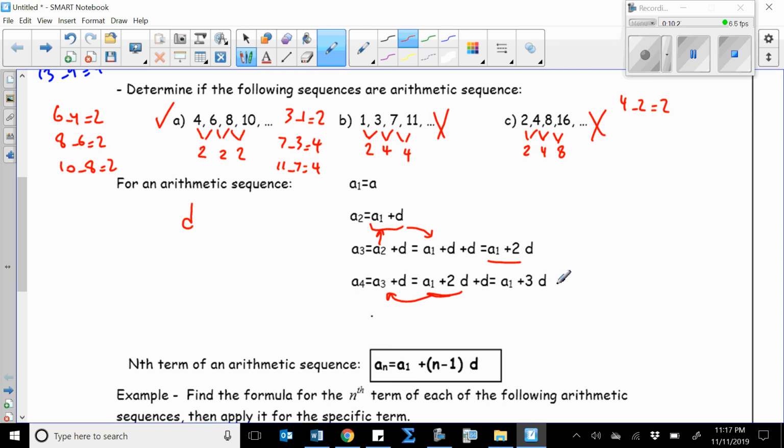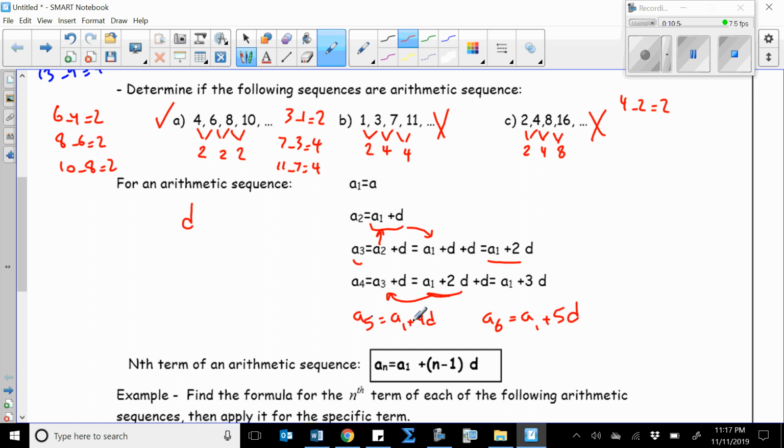It will be 3D. So you notice that for A3, I have A1 plus 2D. For A4, I have A1 plus 3D. So if I want to find A5, obviously I'm going to do A1 plus 4D this time. Or if I want to find A6, I need to find A1 plus 5D.